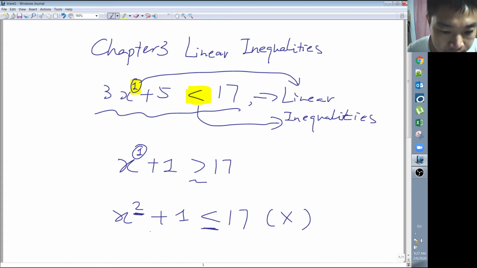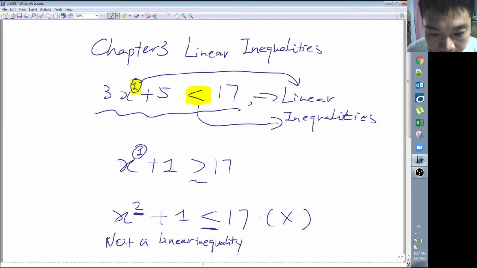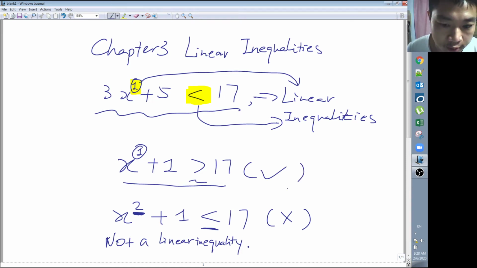This is not a linear inequality because the highest power of this inequality is 2. This one is a linear inequality because the highest power is 1, and you have an unequal sign.